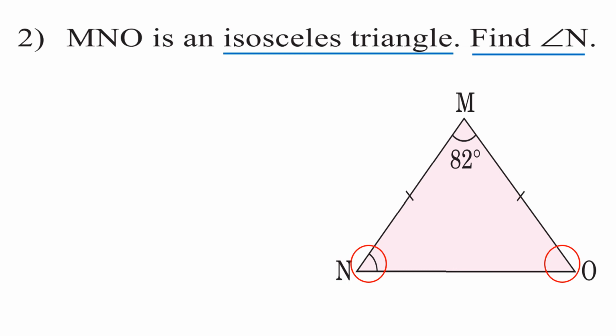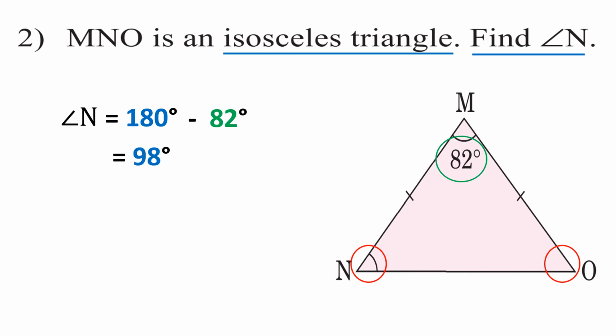To solve for that, you say angle N plus angle O is equal to 180 minus 82. Then the answer is 98. 98 here is the sum of the angles N and O. To get only the angle N, you divide this by 2, because they are the same.